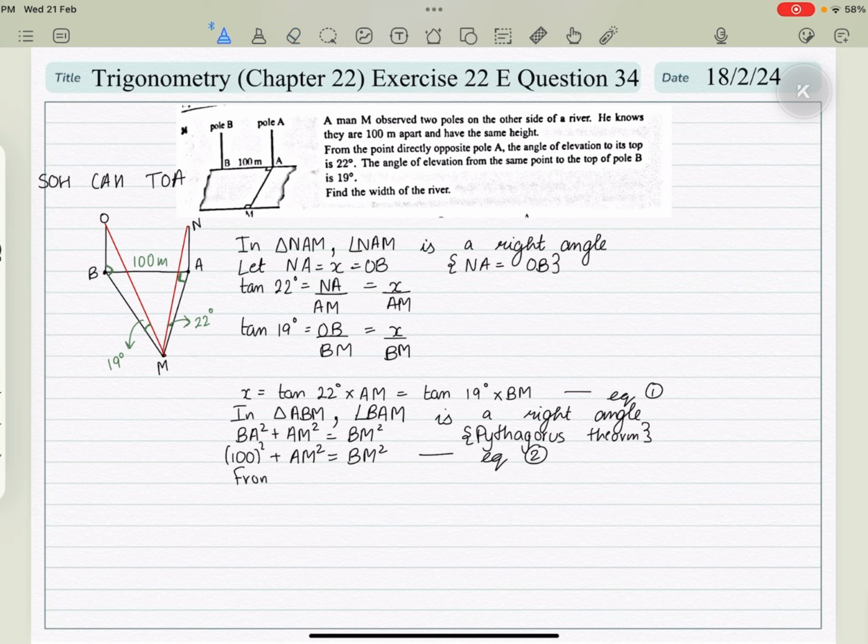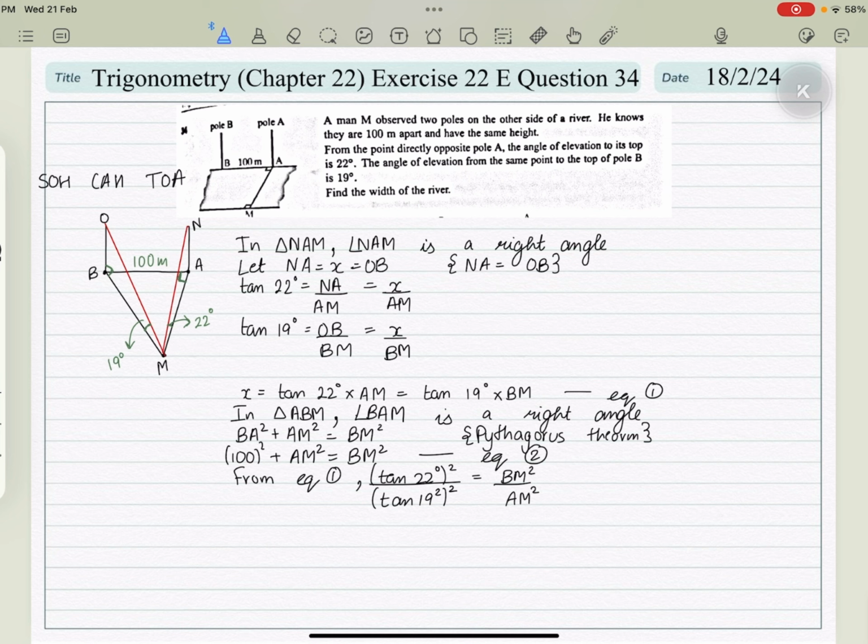From equation 1, tan 22 degrees whole square upon tan 19 degrees whole square is equal to BM square upon AM square.